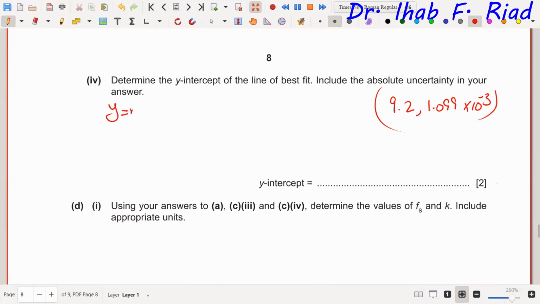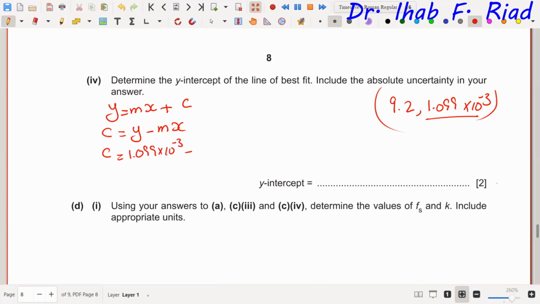We write y is equal to mx plus c. c is equal to y minus mx. Now for the best fit, what is y? 1.099 times 10 to the power minus 3.